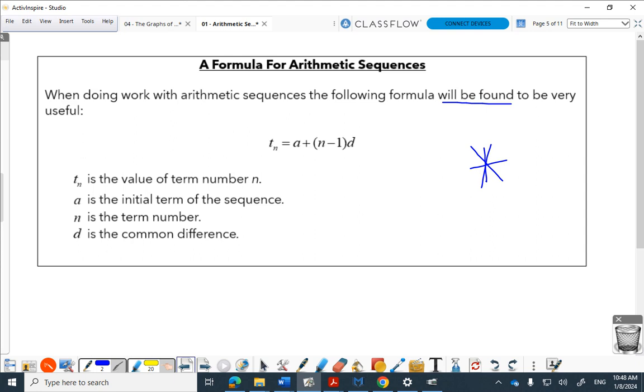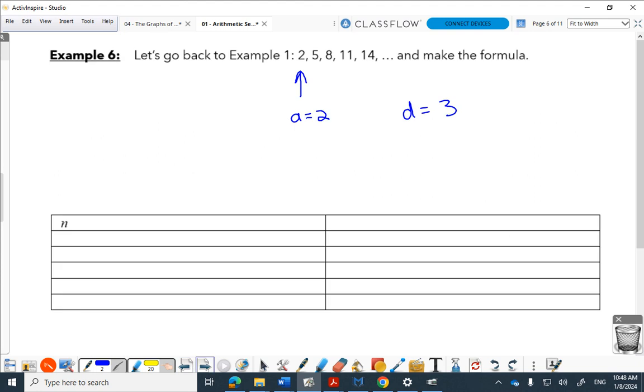So, term number 1. The first term is 2. It's called term 1. It's also called A. You can call it A or you can call it term 1. Now, term 2, I know, it's on the list there.